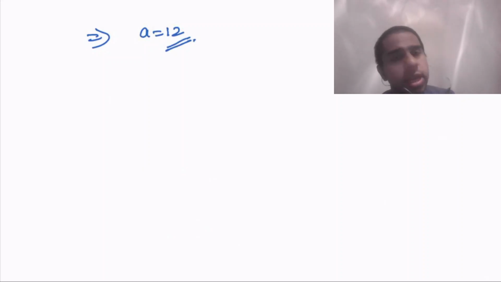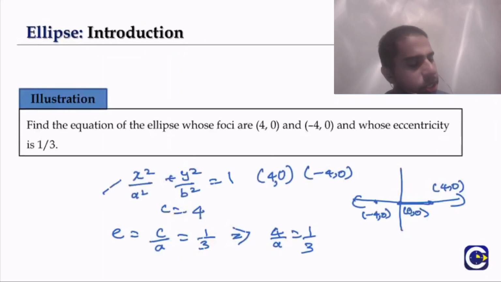Now we know the equation x square by a square plus y square by b square is equal to 1. In that equation we know a, and we have to find b. We can directly use this equation because the center is the origin, and the major axis and minor axis are parallel to the x and y axes respectively, so we can easily do this.